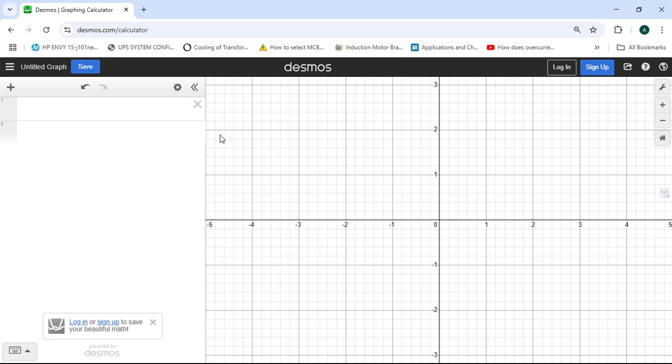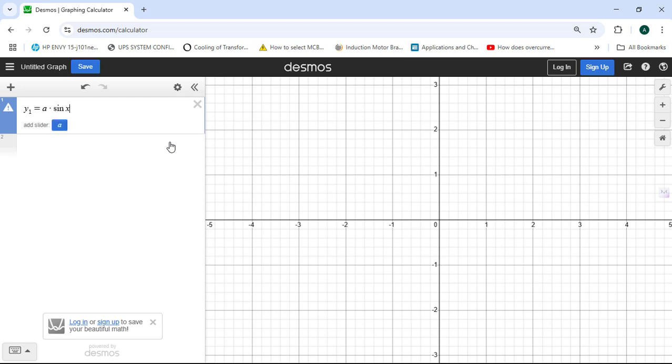So let's write down here Y1, which is the V of t, voltage throughout time, which will equal V maximum, which I will write down here as A, times sine omega t plus theta. Omega t here I will write down as X. And theta, let's assume that it's equal to 0 at the beginning.